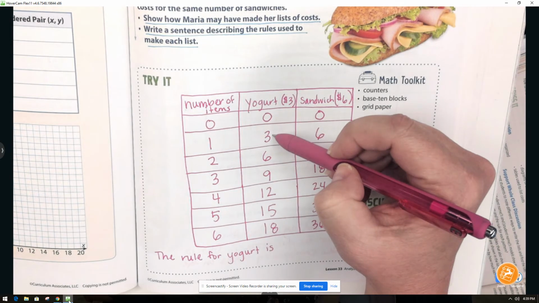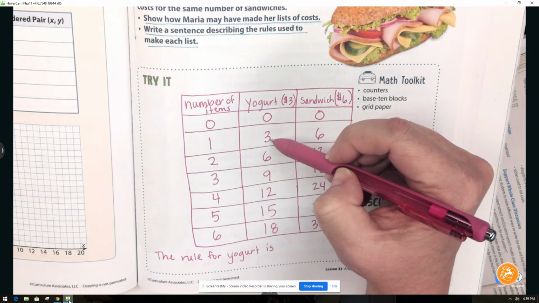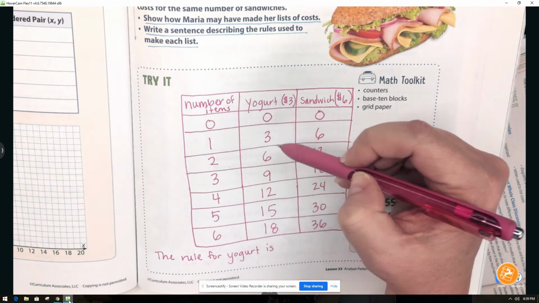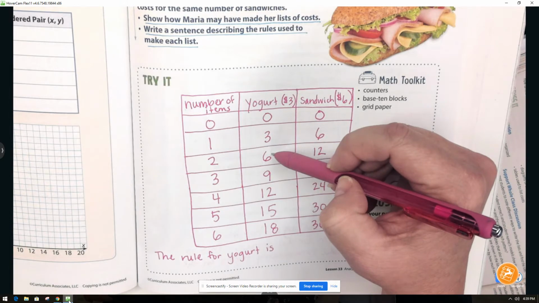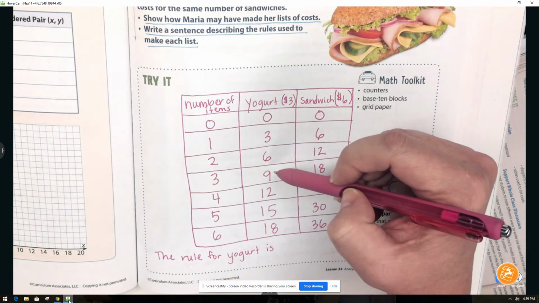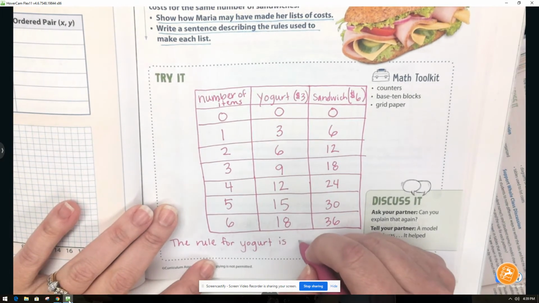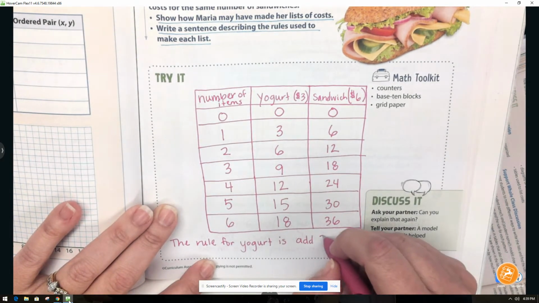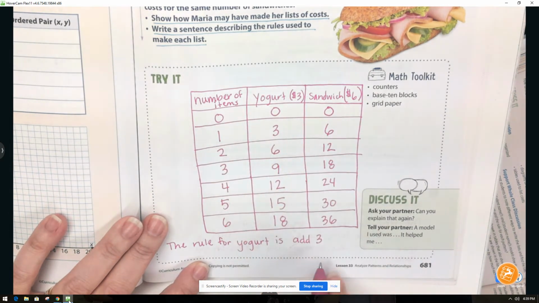When we go from 0 to 3, what do we do? That's right, we add 3. Now let's see if that makes sense for the rest of the table. From 3 to 6, can we add 3? Yep. 6 to 9, add 3? Yep. So we know that the rule for the yogurt is add 3. Because each time you add another yogurt, you're adding $3.